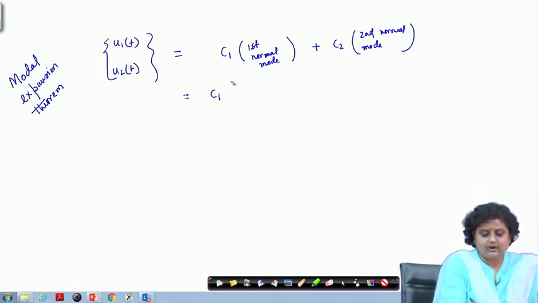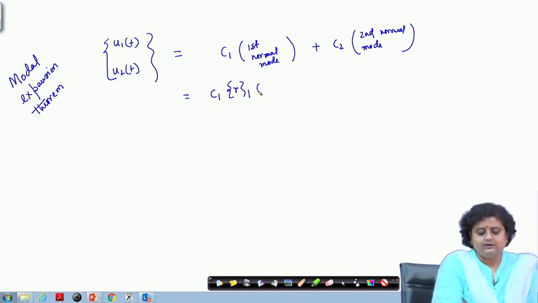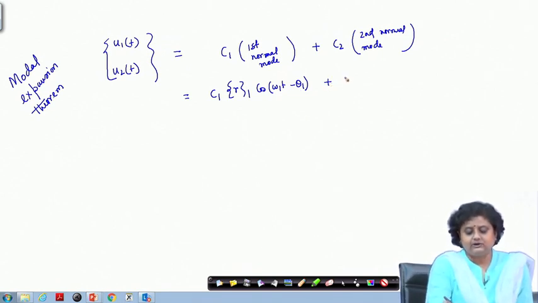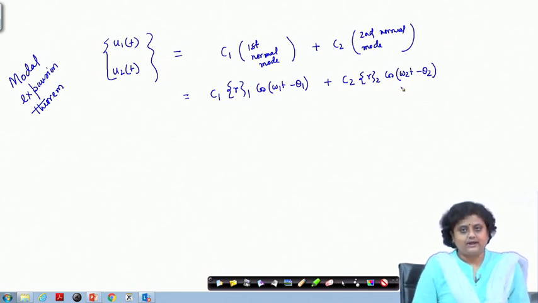I will have C1 into R1, that is the first mode shape, into cos(omega 1 t minus theta 1), because it is a free vibration problem. This we have talked about in detail in the earlier lecture. Similarly, I have C2 into the second mode shape, R2, into cos(omega 2 t minus theta 2). So, omega 1 and omega 2 are the two natural frequencies, and theta 1 and theta 2 are the two phase angles.